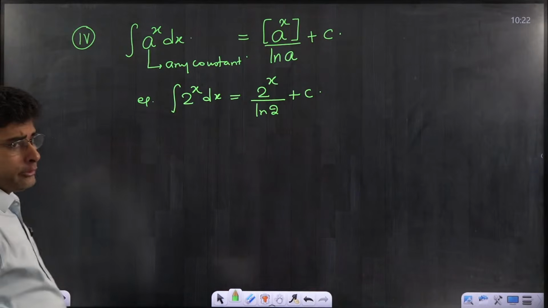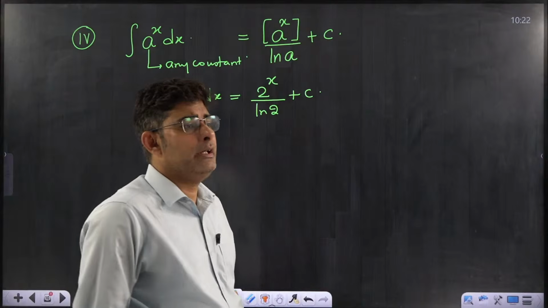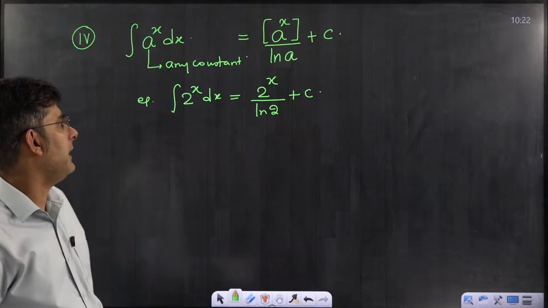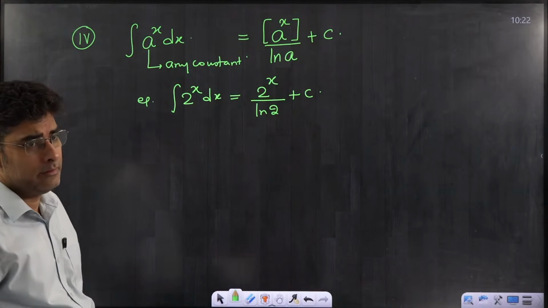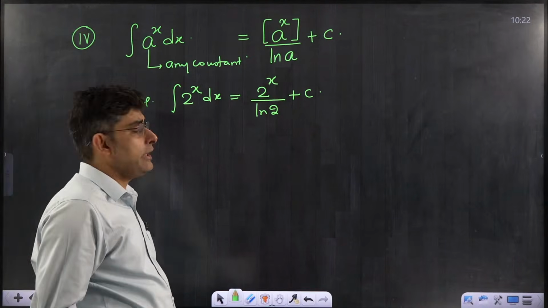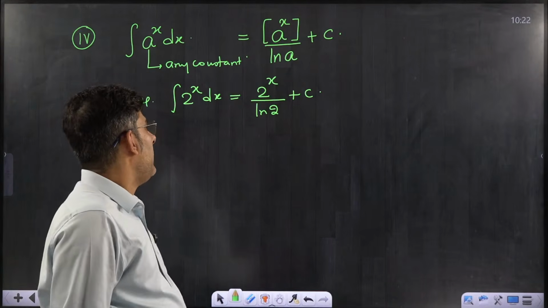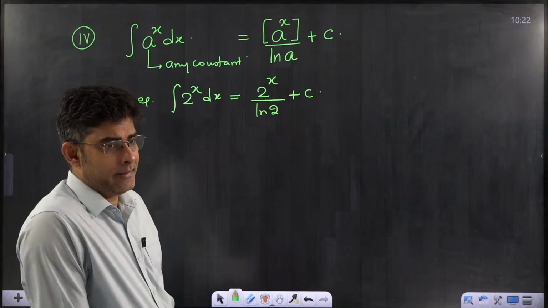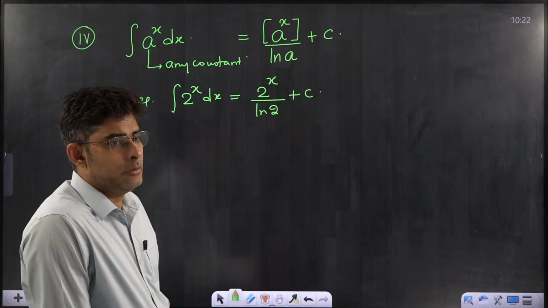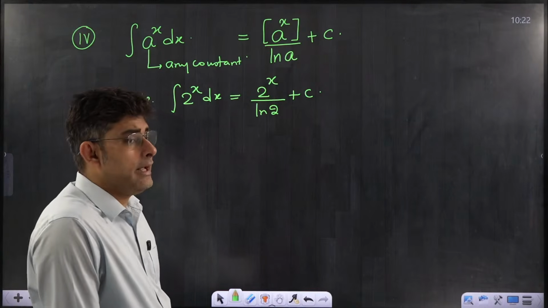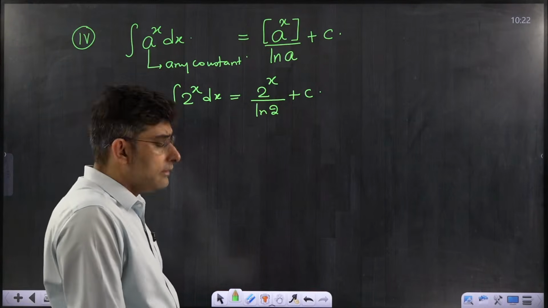So instead of e to the power x, if you are seeing a to the power x, the integration is to be written as a to the power x by ln a. In differentiation, if you see a to the power x, it comes as ln a multiplied by a to the power x. Understood? For differentiation, a to the power x gives ln a multiplied; here it is divided.